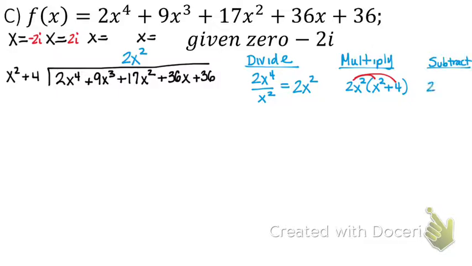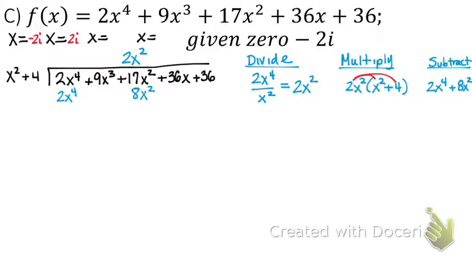And then you get 2x to the 4th. 2x squared times x squared is 2x to the 4th. And 2x squared times 4 is 8x squared. Line that up with your like terms. So the 2x to the 4th goes here, and the 8x squared goes here.